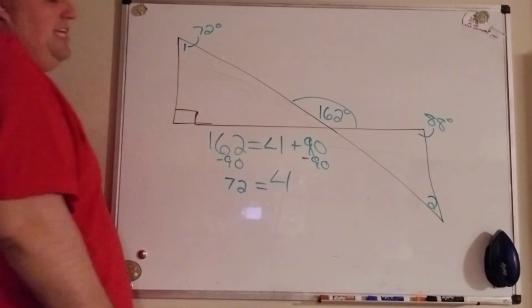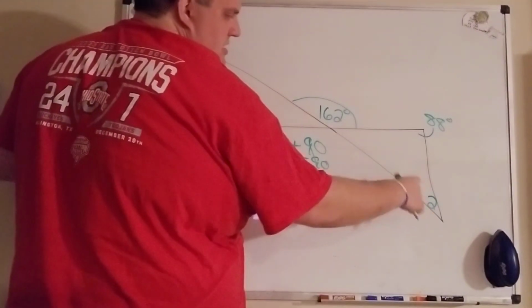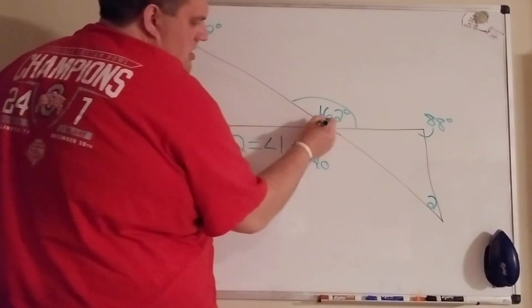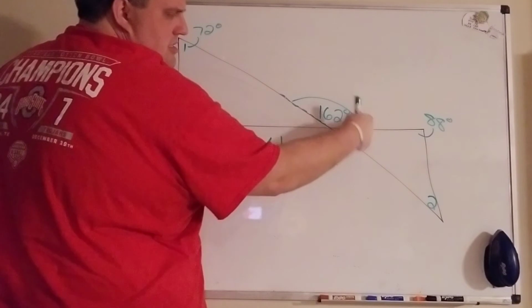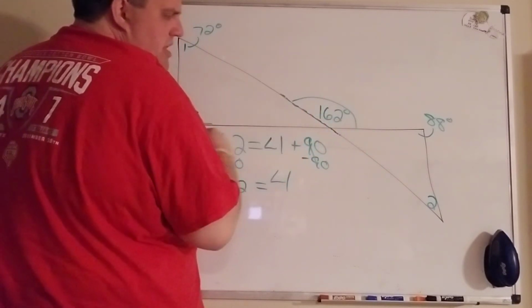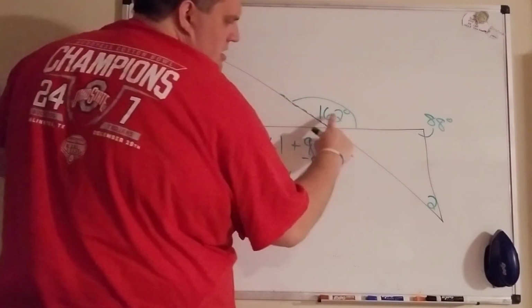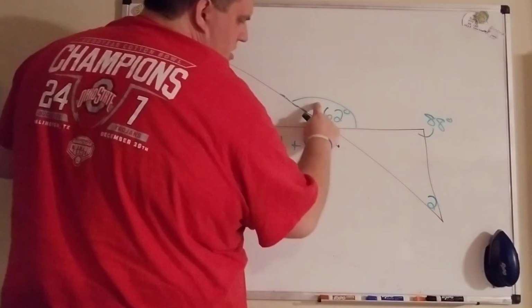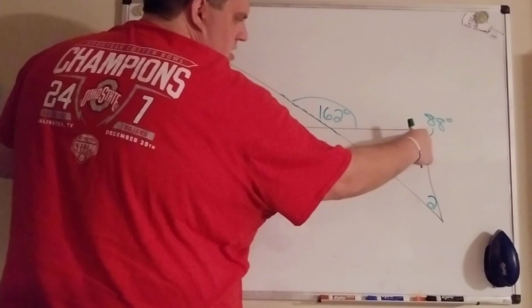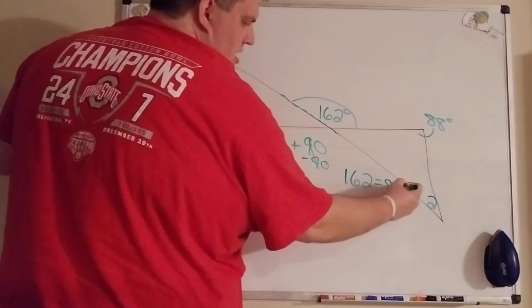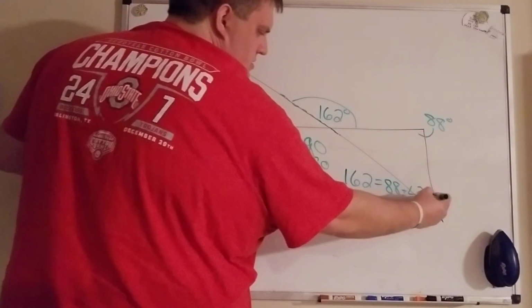However, we can use the same method, right? So this is also an exterior angle to this triangle. You guys see that? Pretty cool. So I could say that 162 equals 88 plus angle 2.